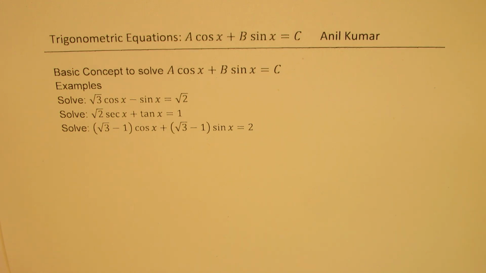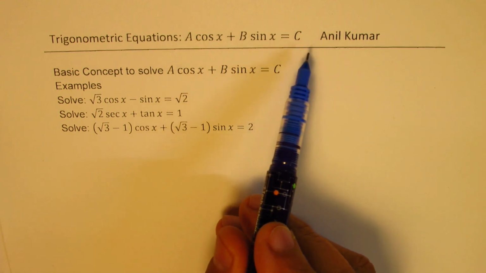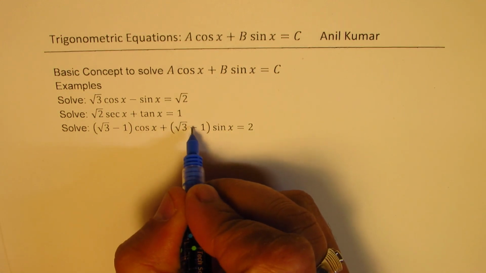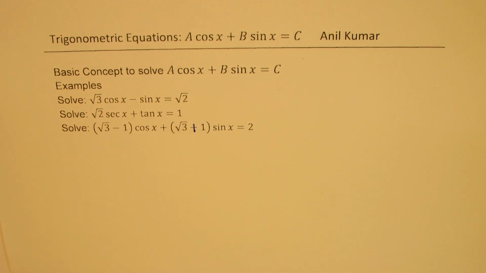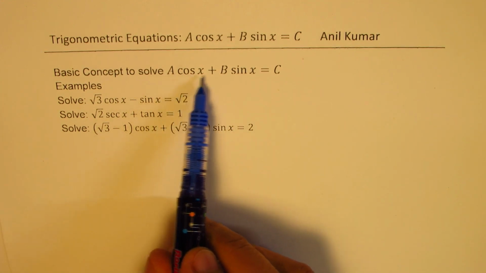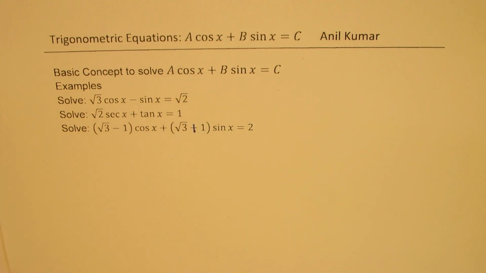And all these equations, as you will see, can actually be written in terms of a cos x plus b sin x equals c. Let me change this equation to square root 3 plus 1 sin x. Now, the idea here is to write this equation in terms of either sine or cosine, correct?